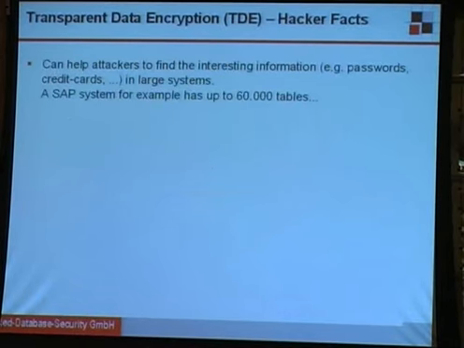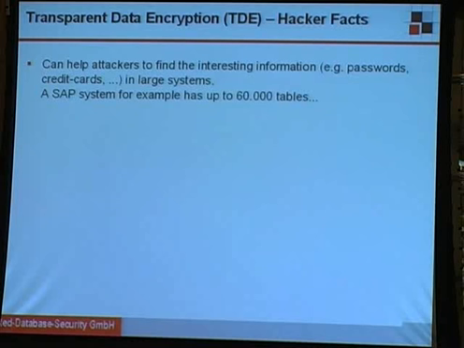Now we switch the view, and we are looking as a hacker at this feature. For the hacker, transparent data encryption is useful because it helps you to identify the interesting information. For example, a complete SAP system has up to 60,000 tables.